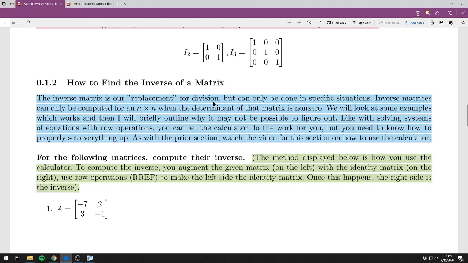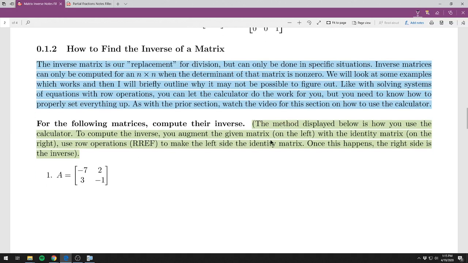The determinant's almost taking the place of that. But we'll look at some examples which work, and then I'll briefly outline why it might not be possible to figure out. Like with solving systems of equations with row operations, you can let the calculator do that work for you, but you need to know how to properly set everything up, read off your solution, and everything with that.